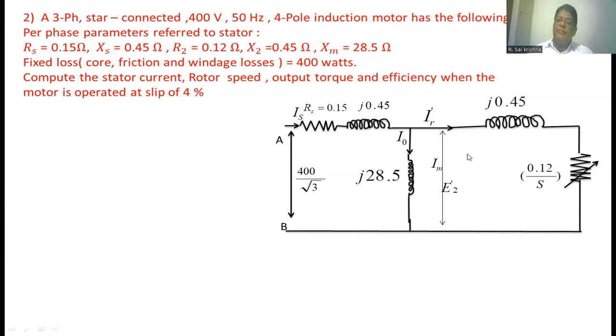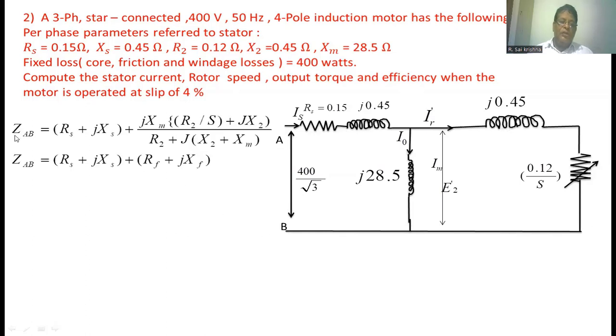These two branches in parallel are in series with this branch, which gives the equivalent impedance between A and B, that we have taken as ZAB. So ZAB equals RS plus jXS plus jXM into (R2 by S plus jX2) whole divided by (R2 by S plus jX2 plus jXM), because these two are in parallel.